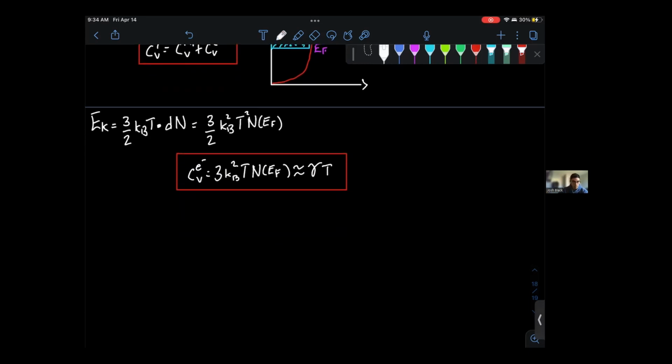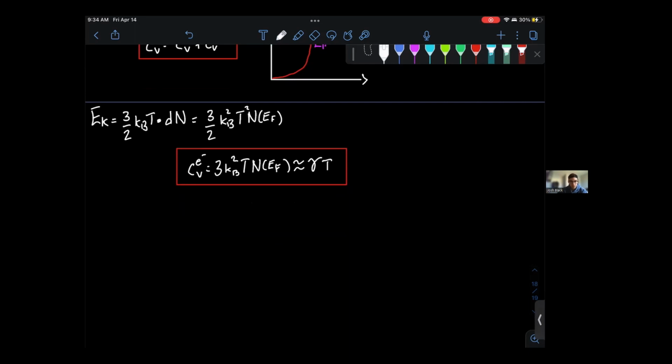Now, if we don't know what the density of states is, we're going to use this term. We're going to say that the density of states is equal to 3/2 times the number of electrons with our energy less than or equal to the Fermi level times the energy at the Fermi level.